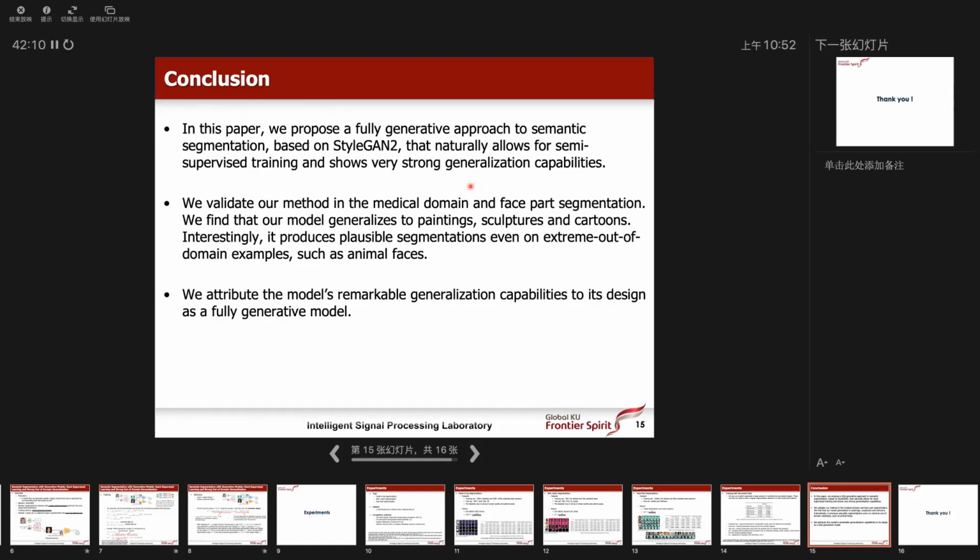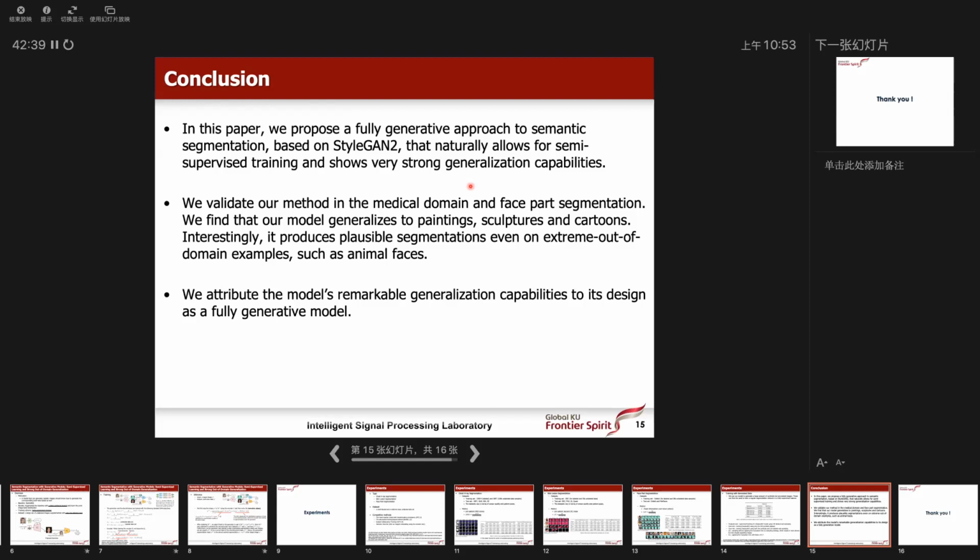We can see from the results that the proposed method can generalize to paintings, sculptures, and cartoons, and it produces plausible segmentations even on extreme out-of-domain examples, for example animal faces and statues with an appearance similar to a human face.